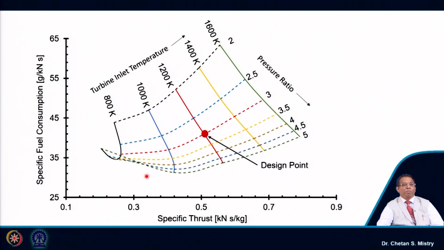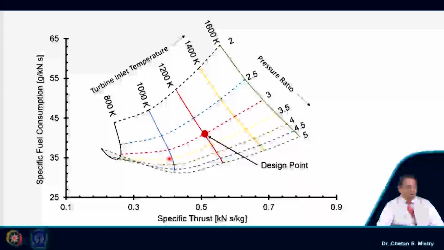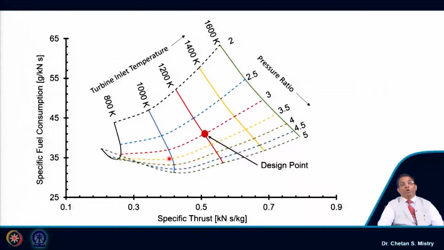Suppose I am looking for my specific fuel consumption to be lower, it says I need to move to a lower turbine entry temperature and higher pressure ratio. This is very important and needs to be understood by all of us, and we will be discussing all our cycles based on these parameters again and again.